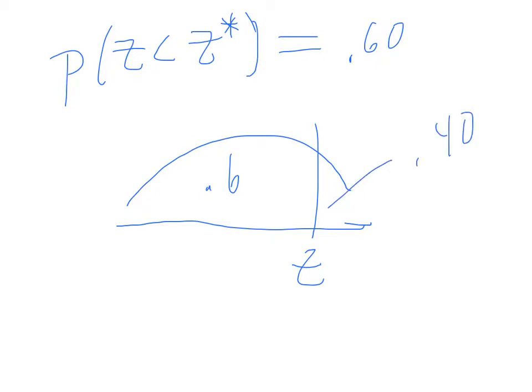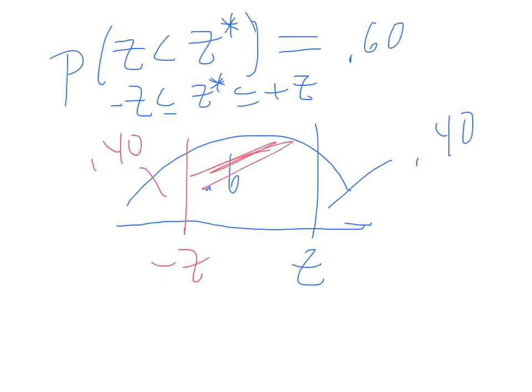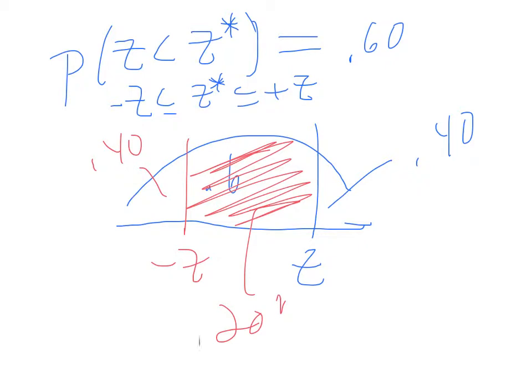I'm not quite sure how they worded it without looking at it, but basically what they're asking, if this is 40% above, the negative of it will be 40% below. What percent's in between? What percent's left over? Only 20%, or 0.2. Okay, so maybe that'll help you.